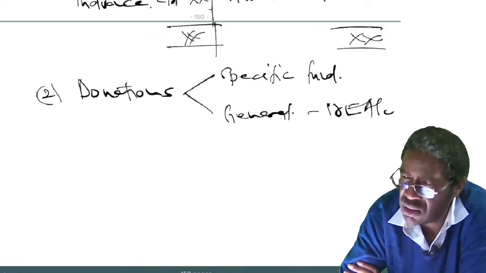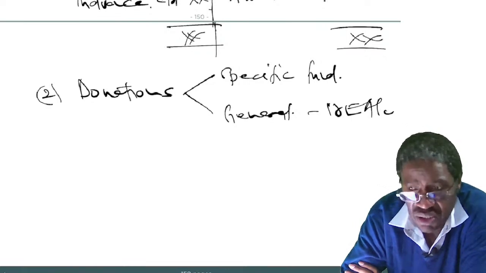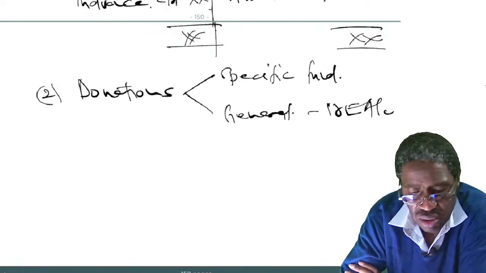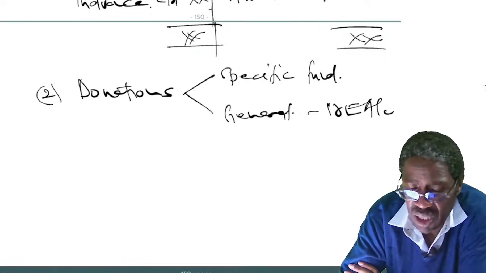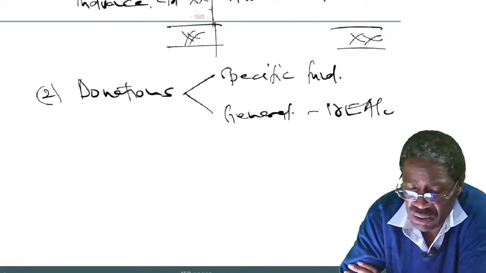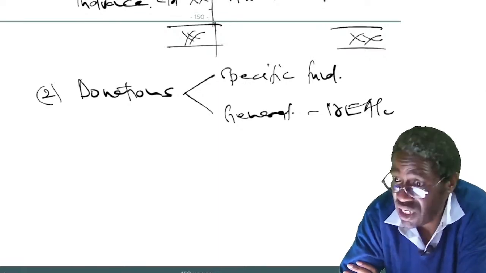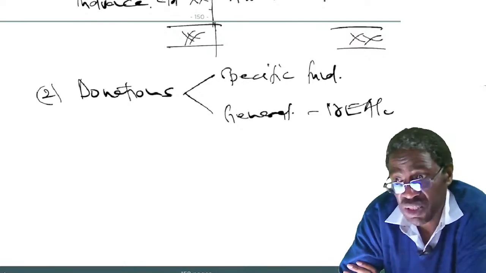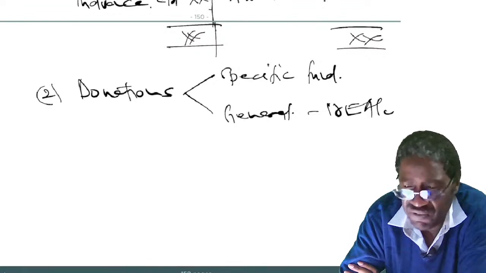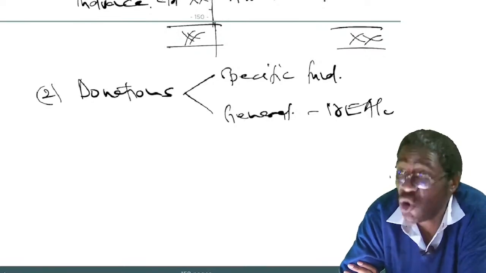Specific donations are not transferred to the income and expenditure account, but they are transferred to a specific fund account, from which funds will be drawn when the specific objective is met.